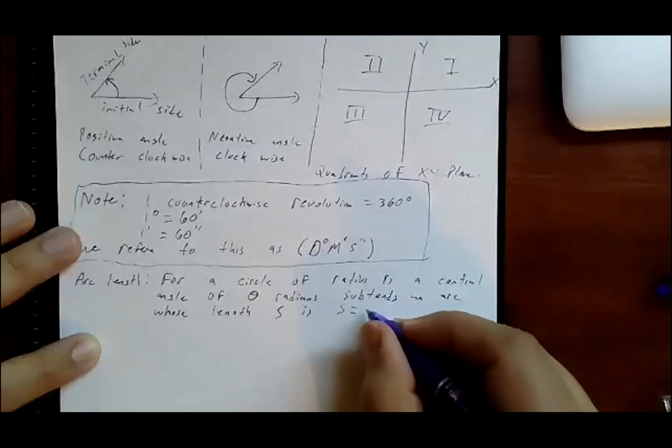So when they ask you in the homework, which we'll do in a minute, a bunch of examples for arc length, your theta needs to be in radians, which we'll learn about converting in a moment.